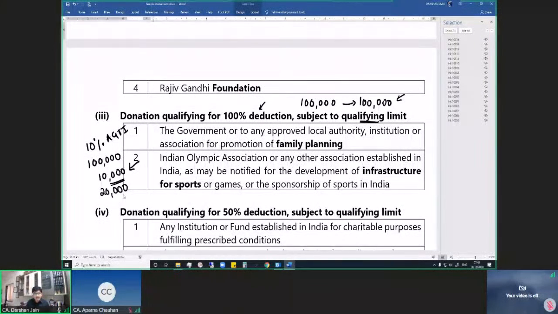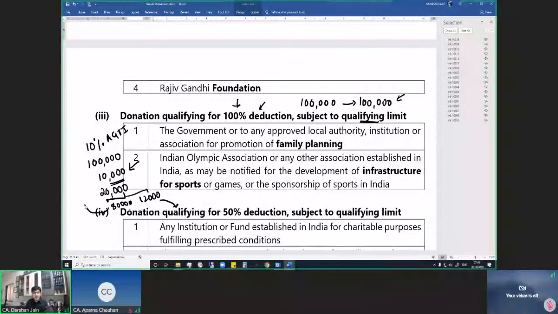Now, out of the 20,000, let's assume he makes 8,000 towards those funds which qualify for 100% deduction, and the remaining 12,000 towards those funds which qualify for 50% deduction. In such a case, as an assessee, what you will do is first claim that donation which qualifies for 100% deduction.